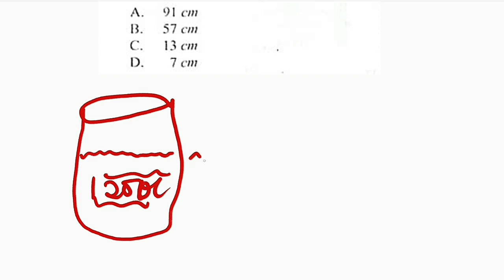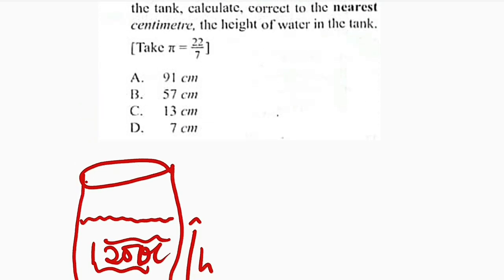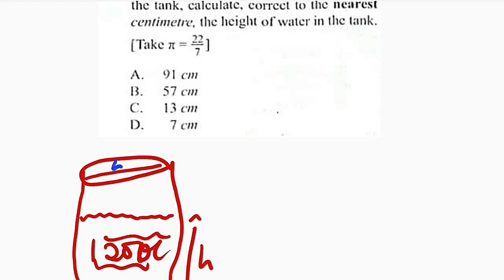So we're looking for the height from this point down to this point, which is h. And from the question, we are given that the diameter from here to here is what? 140 centimeter, which means that the radius r will be half of this, which is 70. You know, radius is half of diameter.